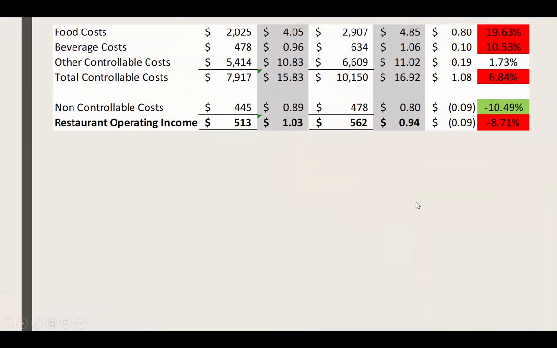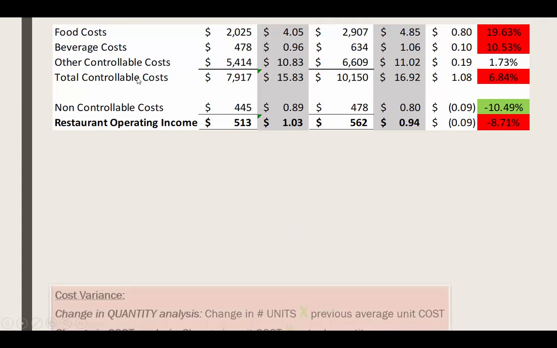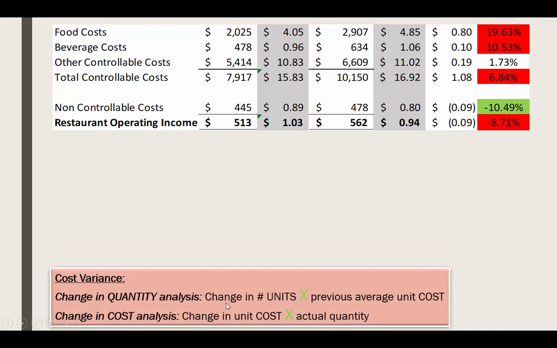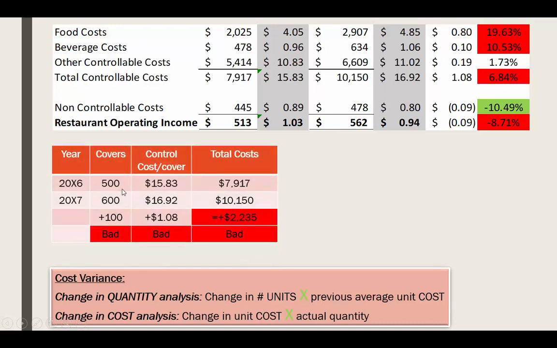Now we can take a look at a cost variance analysis. So in this case, we're going to do the same kind of thing. Let's take a look at total controllable costs. Now, the change in quantity analysis, remember, same kind of thing, except now we're looking at costs. Okay, so let's take a look at another table that I put together.